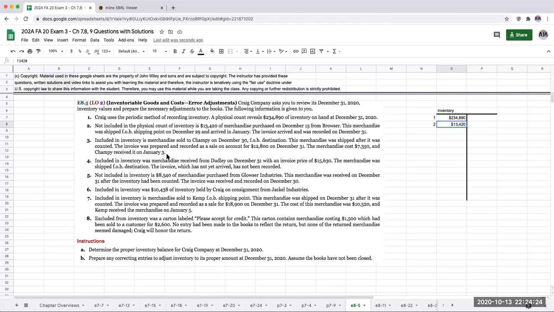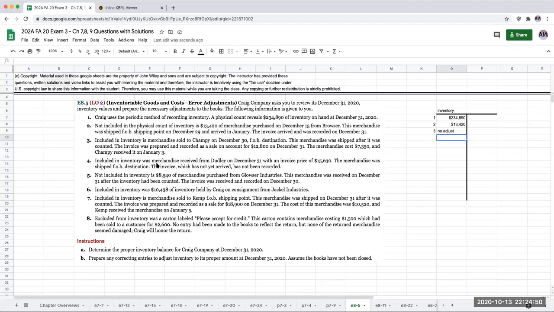So it's properly included. So for 3, no adjustment. And the reason why is because if it's FOB destination, Champy doesn't take title until receipt of it. So I don't have to take that off of my books. So it is properly included in my books. If it was FOB shipping, I'd have to take it out, but this is FOB destination.